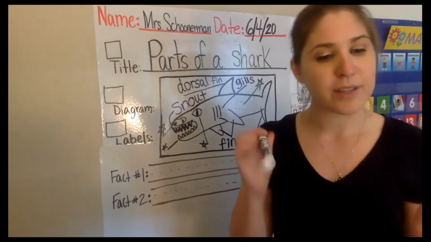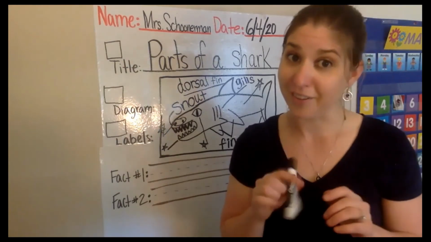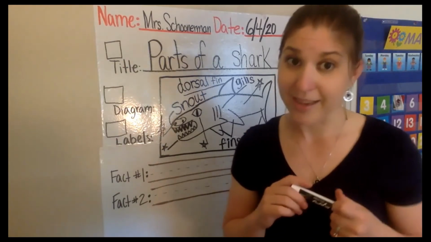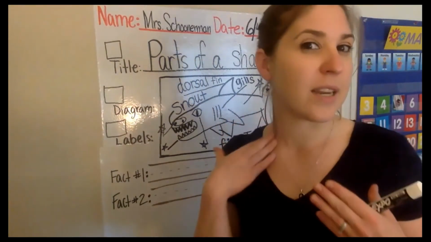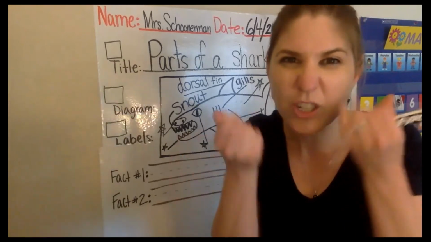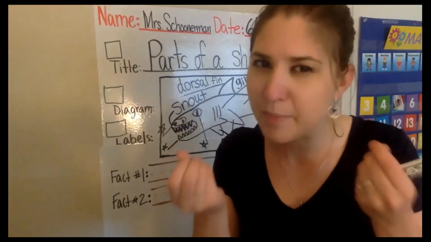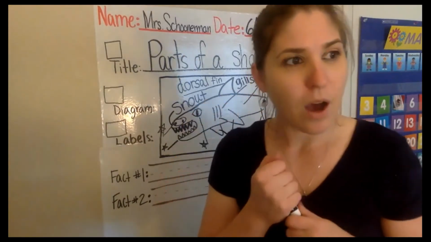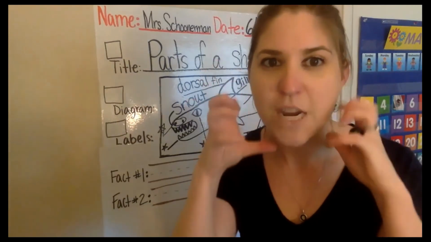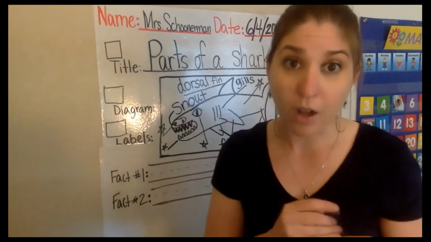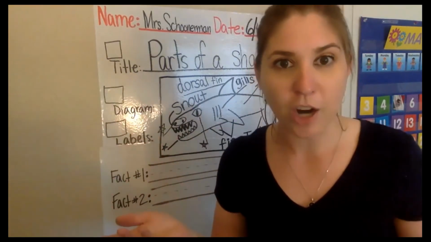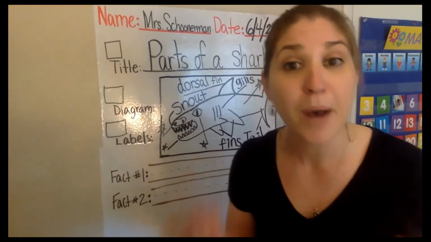We learned that sharks eat other fish, that they eat meat like other fish. We learned that their skin is not smooth, but actually really rough, like sandpaper. We learned about their jaws, very strong jaws and very sharp teeth. Those are all facts. Oh, and a baby shark is called a pup.